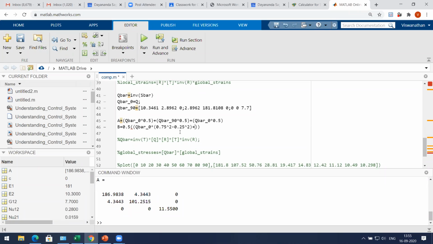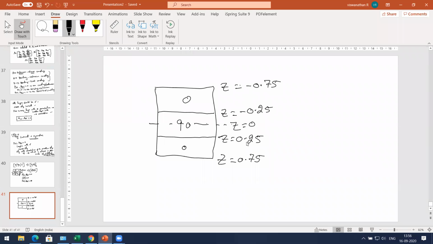Plus next is q bar underscore 90, at 90 degree, multiplied by 0.25 square minus of minus 0.25 square.